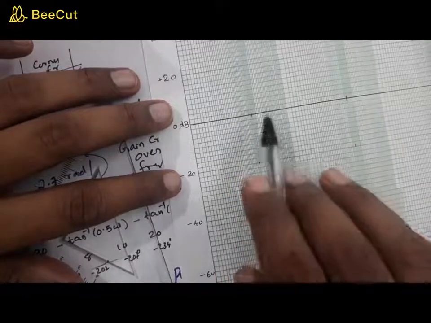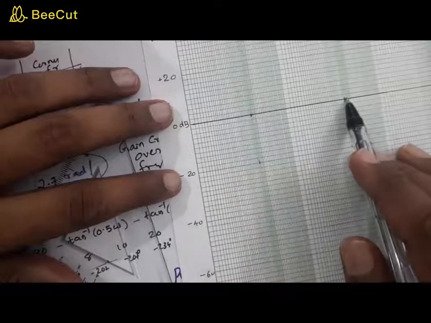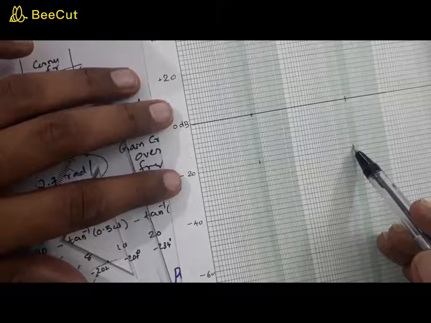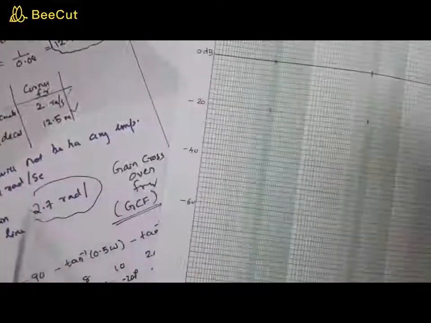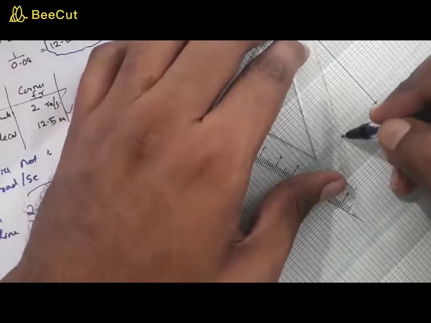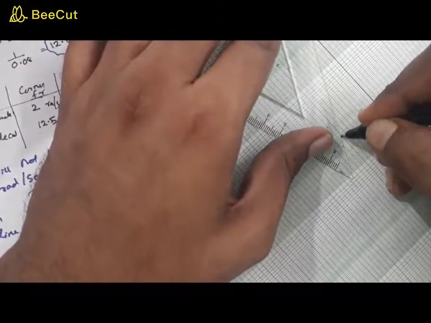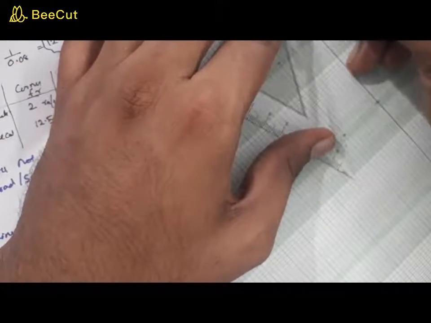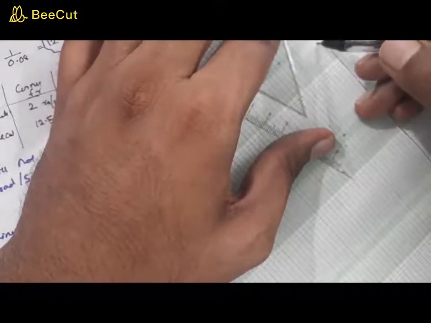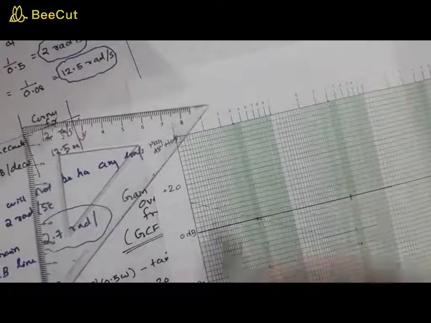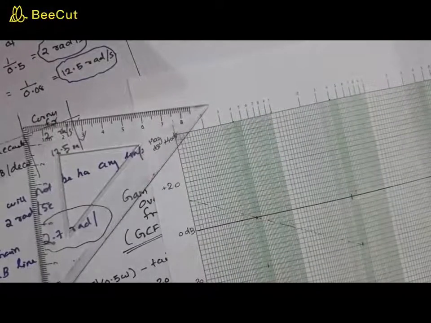As it moves from 4 to 40, the magnitude has to reach this point. So if you plot a line like this, which passes through this origin, the slope is actually 20 dB per decade. So this is the initial value.